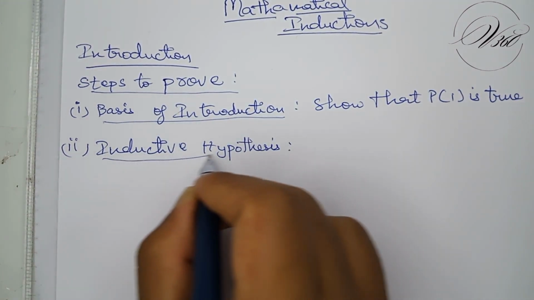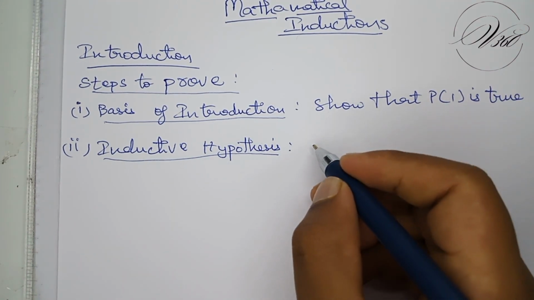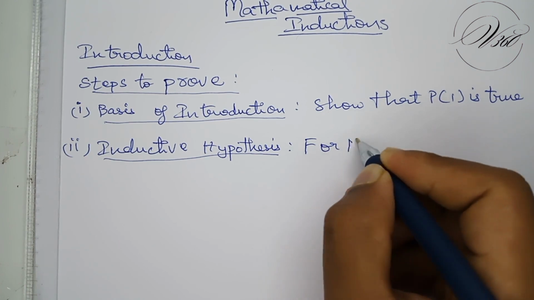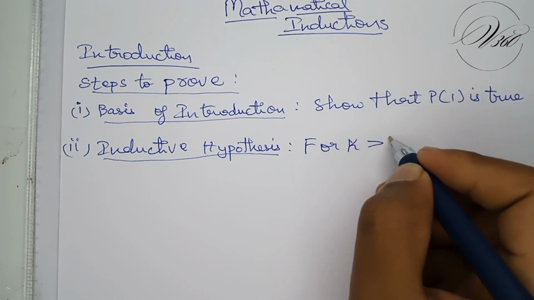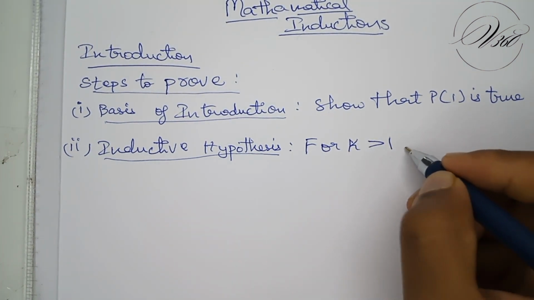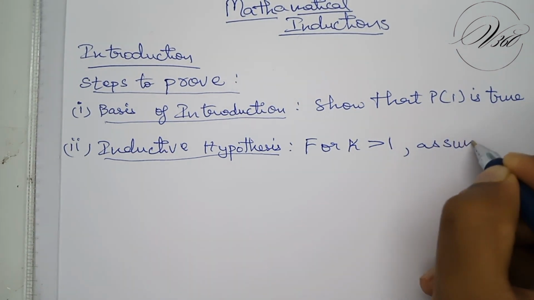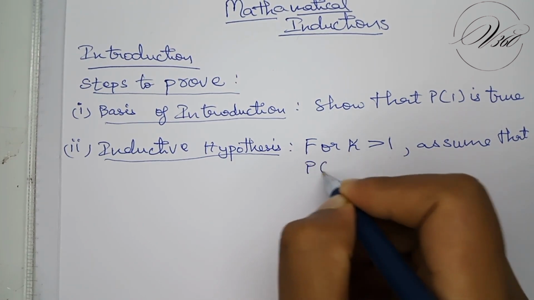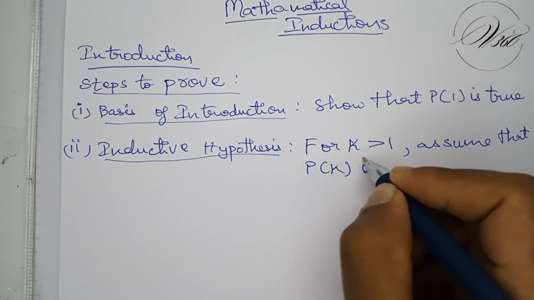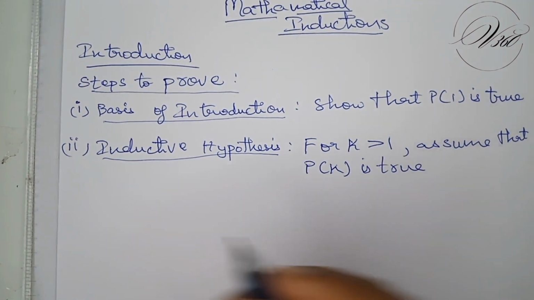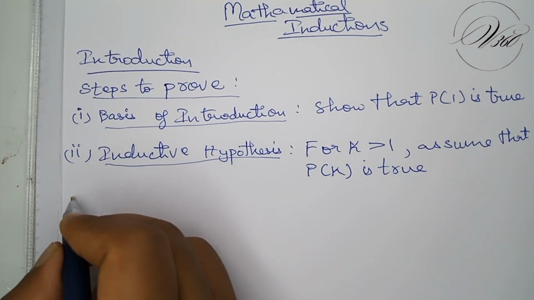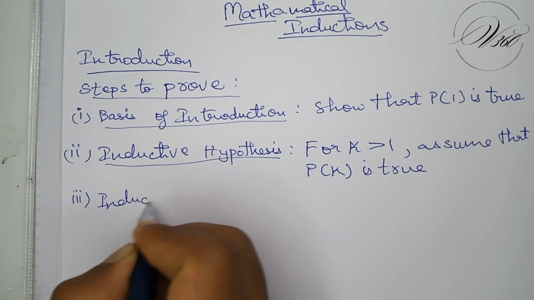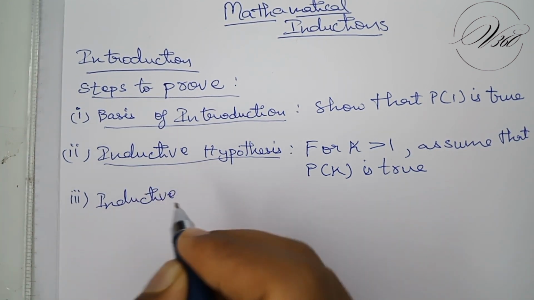I will write everything first, and then I will explain. Okay, explain after writing the whole thing. For k greater than 1, assume that P of k is true, and the third one, that is inductive step.